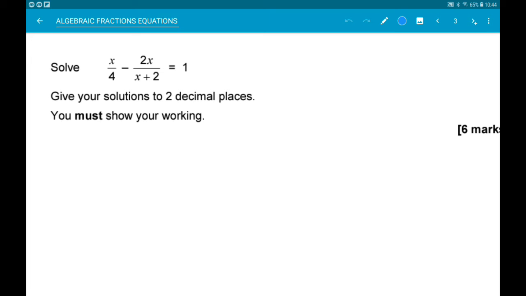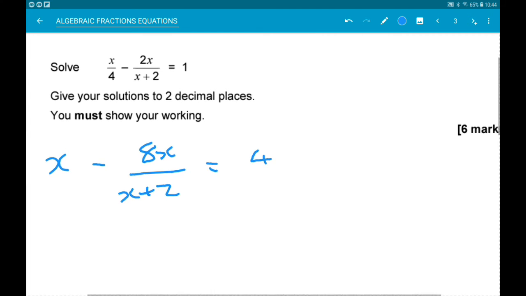Before we get there though, let's sort out the fractions. So again, I'm going to multiply through by each denominator separately. So first up, I'm going to multiply through by 4. So that's going to give me x minus 8x over x add 2 is equal to 4.